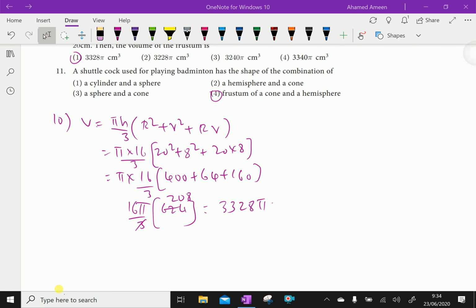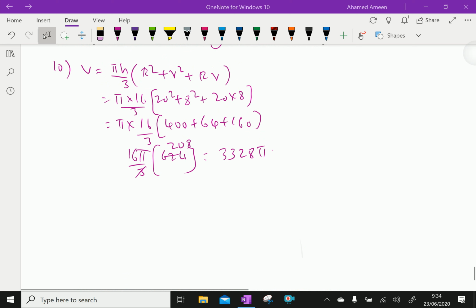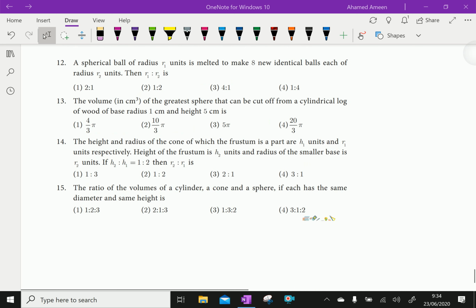Now question number 12. A spherical ball of radius r1 units is melted to make 8 new identical balls, each of radius r2 units. Then r1 ratio r2.